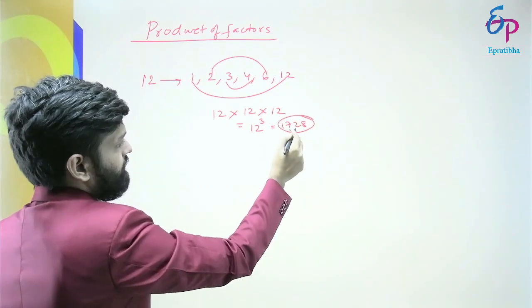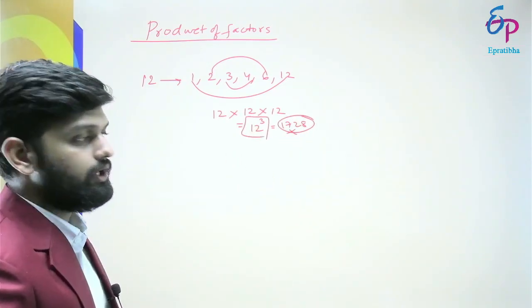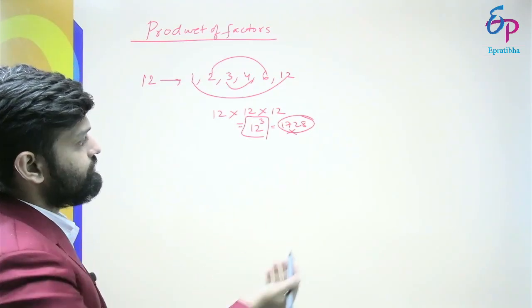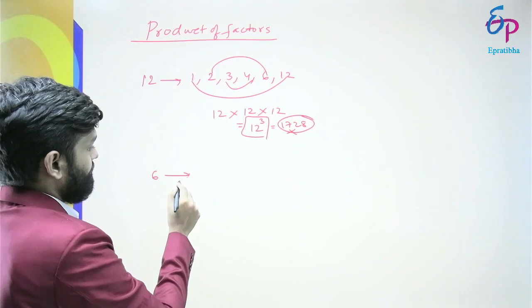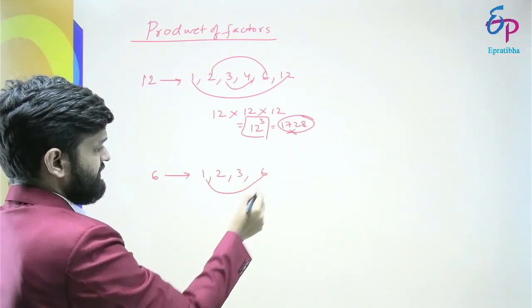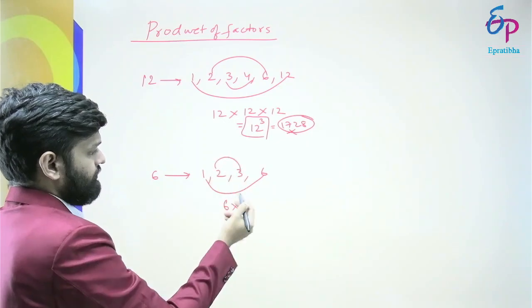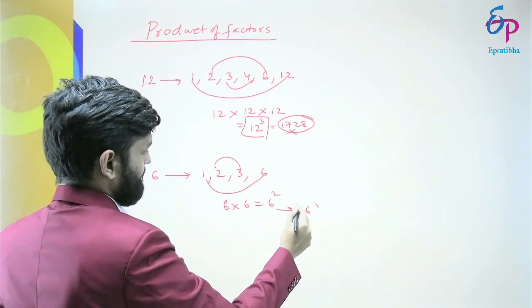But they will not ask it like this, they will just ask in the format of 12 only. So how to get this one? It is 12 power 3. But if you take 6, it will be 1, 2, 3, 6. 6 1s is 6 and 3 2s are 6. That is nothing but 6 square, that is nothing but 36.